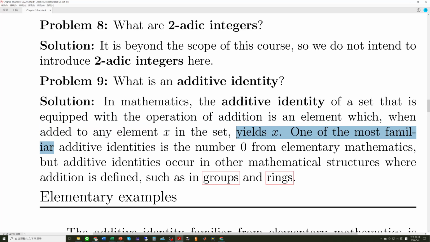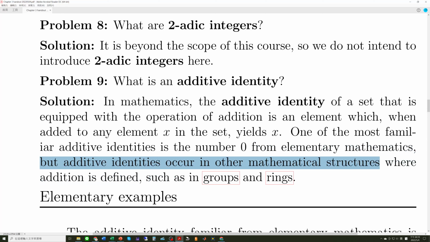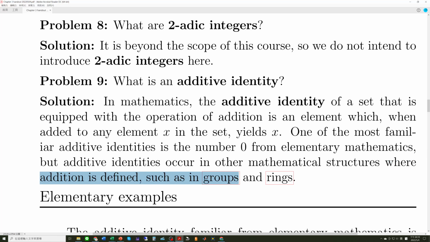One of the most familiar additive identities is the number 0 from elementary mathematics. But additive identities occur in other mathematical structures where addition is defined, such as in groups and rings.